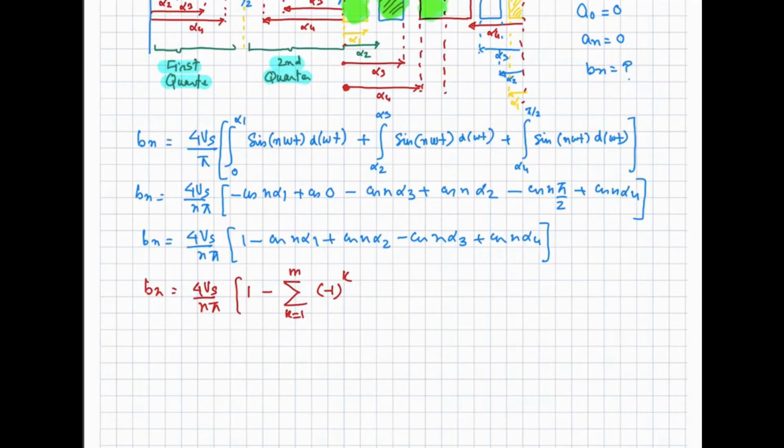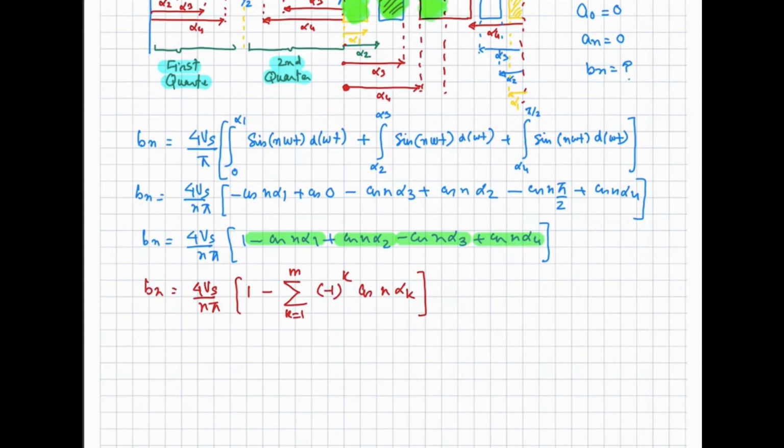When we are considering the first edge, k will be equal to 1, so you will get this term from here, right? When k is equal to 2, you will get the positive cos of n alpha 2. When k is equal to 3, you will get minus cos n alpha 3, and when k is equal to 4, you will get plus cos n alpha 4, and so on for any number of edges per quarter cycle.